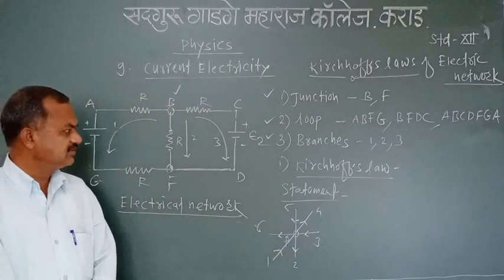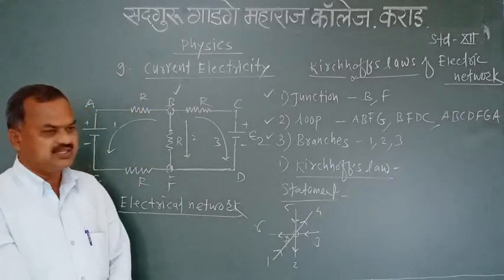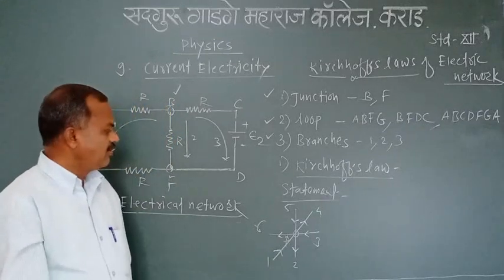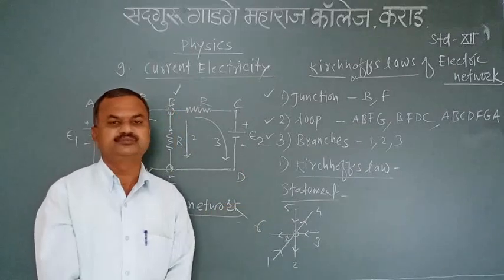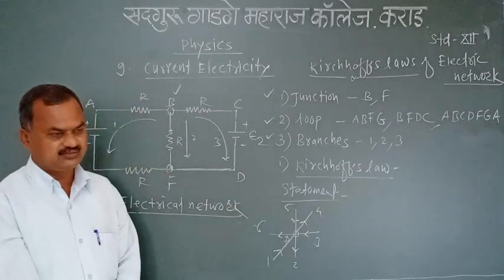According to scientist Kirchhoff, the algebraic sum of currents at any junction is equal to 0. While applying this law for that junction, we must know the sign conventions.